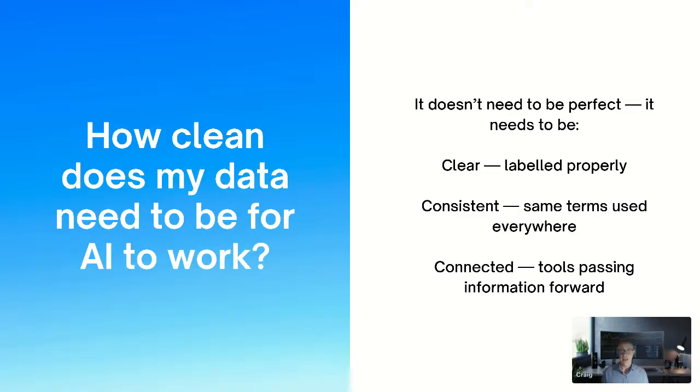You don't need all the things people talk about in terms of big data. You just need your data clean, consistent, and connected, with repeatable patterns. It needs to give AI something to recognize and work with.